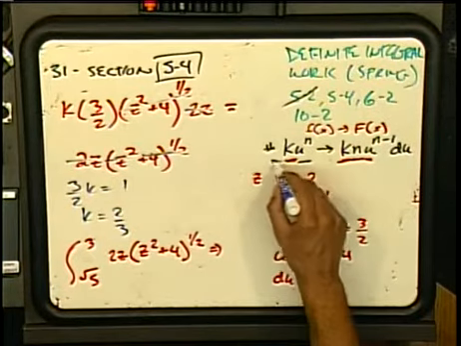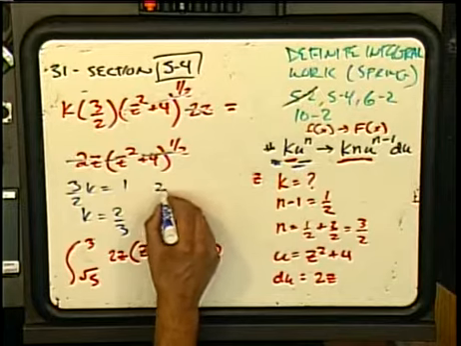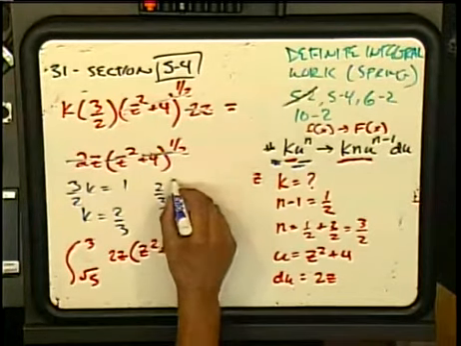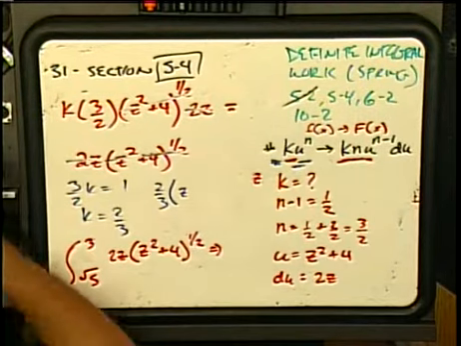And then write it again like this: k u to the n, 2/3 u to the 3/2, where u is z squared plus 4.